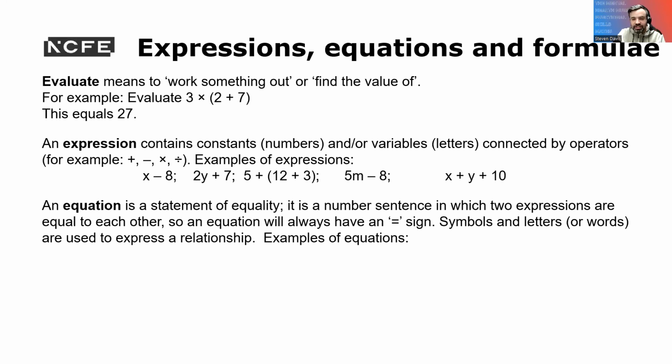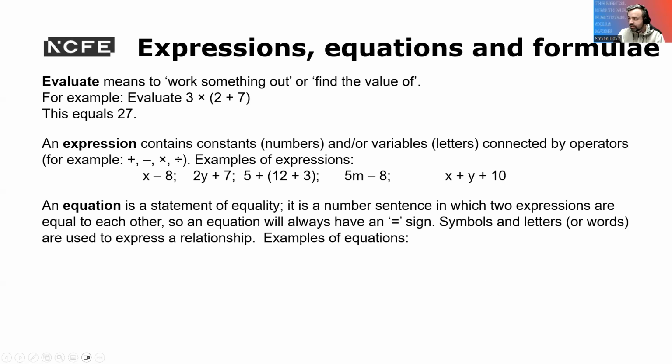An equation is a statement of equality. It is a number sentence in which two expressions are equal to each other. So an equation will always have an equals sign. Symbols and letters or words are used to express a relationship.